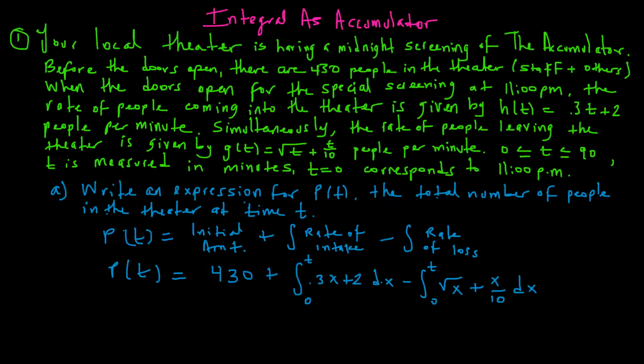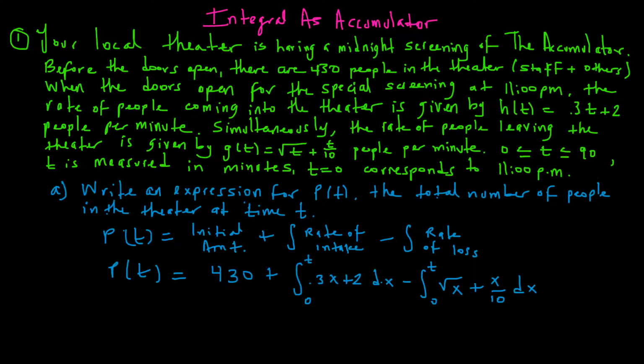Now, this formula never changes. Those three items are always going to be there. The initial amount, the integral of the rate of gain, your intake, and take away the integral of your rate of loss, or the amount that you're losing. And then the only thing that changes is the storyline.